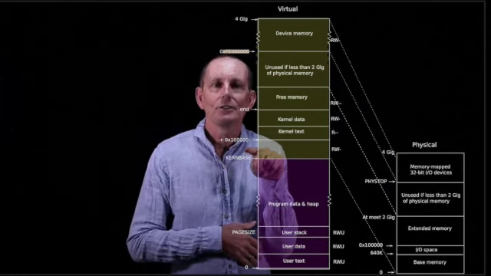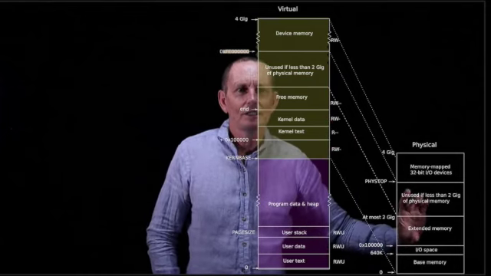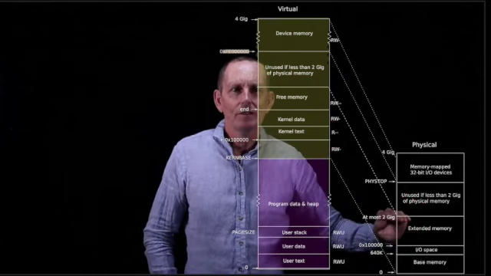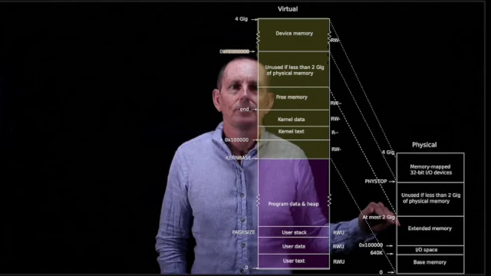So we load the kernel here, that loads its text and data, and then we can start allocating memory, which is basically just the free memory, which is this extended memory that we've got here. Okay? If there's any extended memory past 2 gigabytes, then it's just unused.